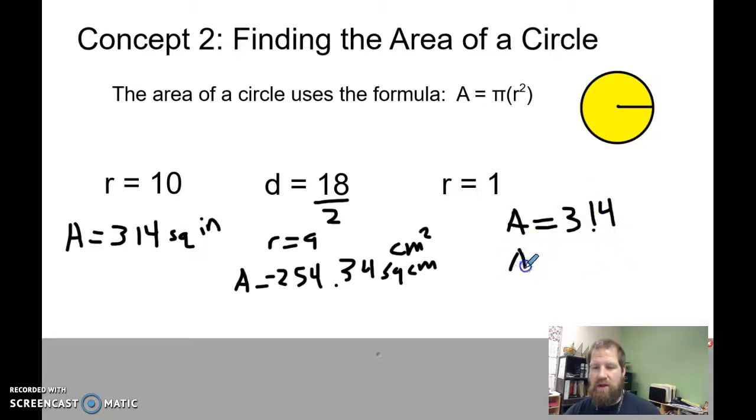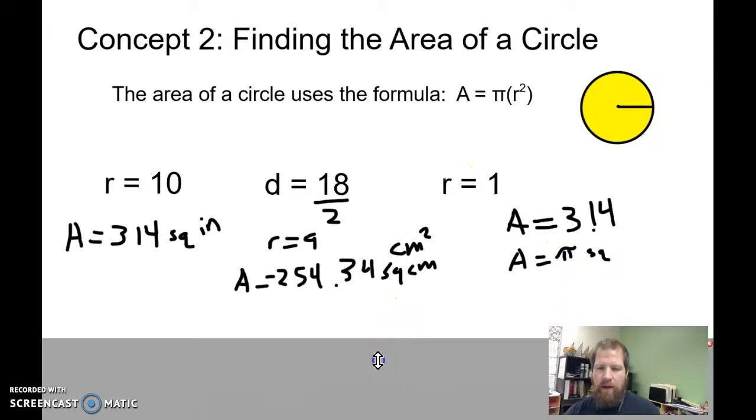Or we could even say the area is equal to pi square units. And this is actually a way that we can be super accurate, saying it's exactly pi. We can never tell you what pi is exactly, but we know that the area of a circle with a radius of 1 is exactly pi.